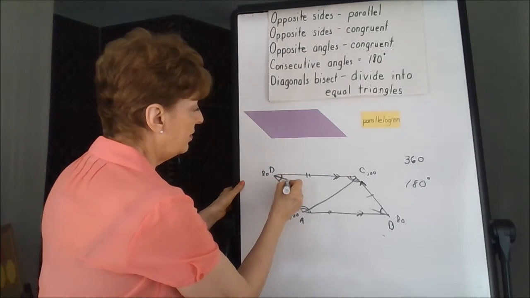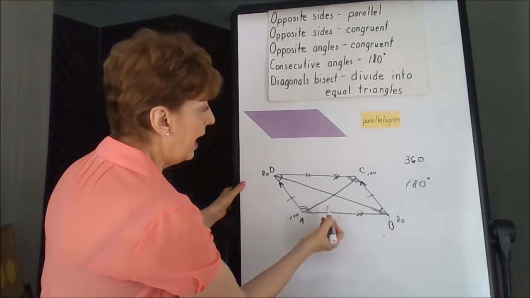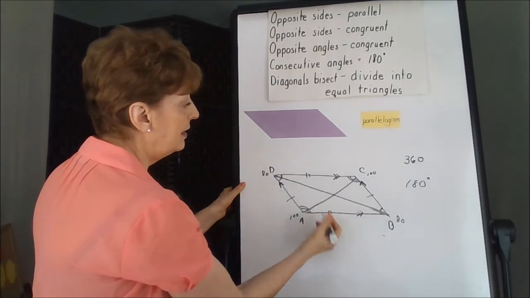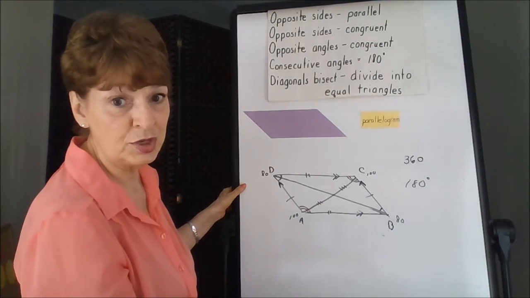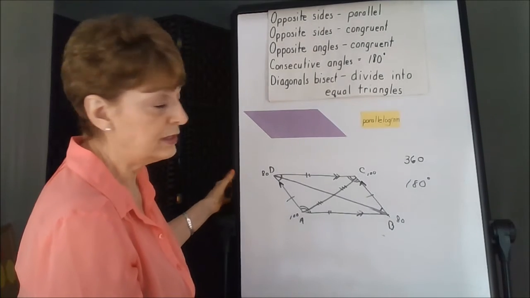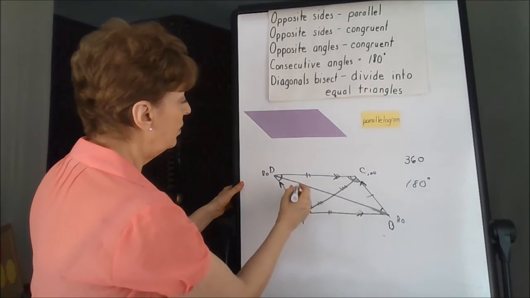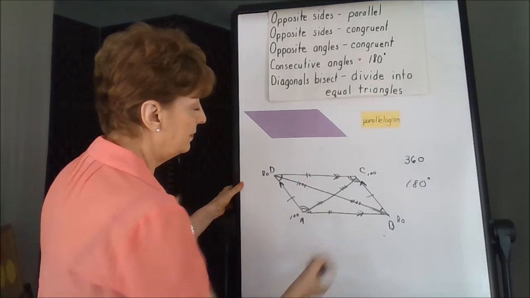If I put the other diagonal back, they cross each other and make these two parts of this line equal or congruent. That's the term that they use for equal, congruent. And this part of the diagonal would be the same as this.